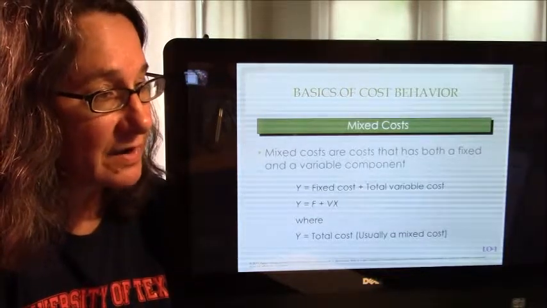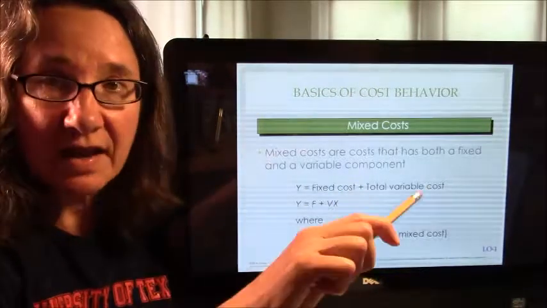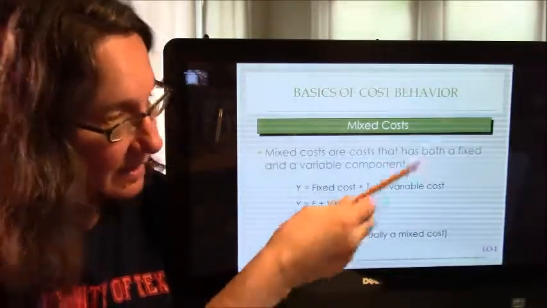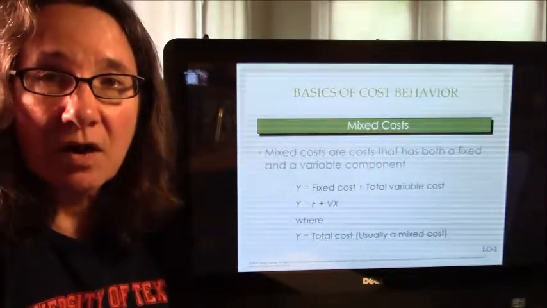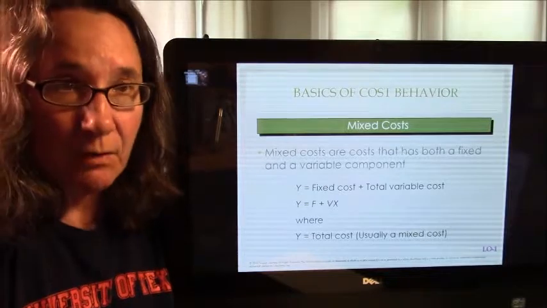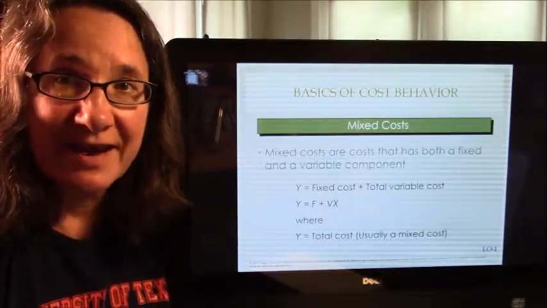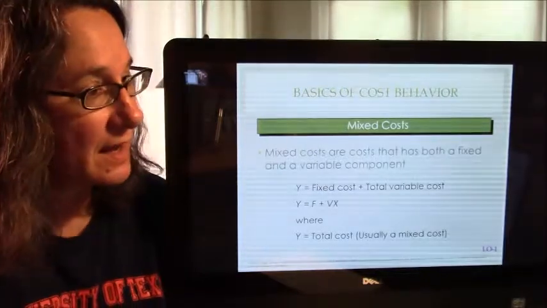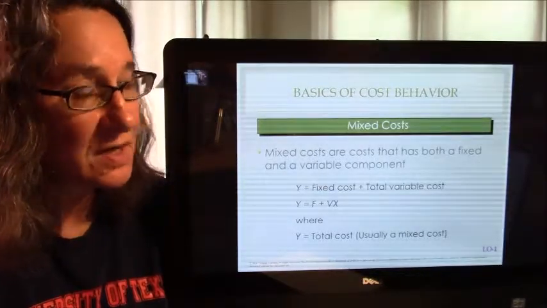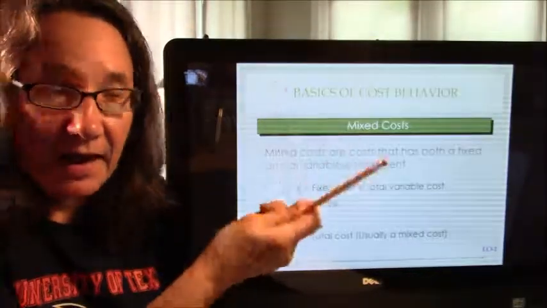So if you think about it, you saw we had a straight line, you saw we had a line with a slope going out from 0. Well, we can draw that line for mixed costs. It's going to have an intercept at the fixed cost point, and the variable cost is going to be the slope of that line, right?